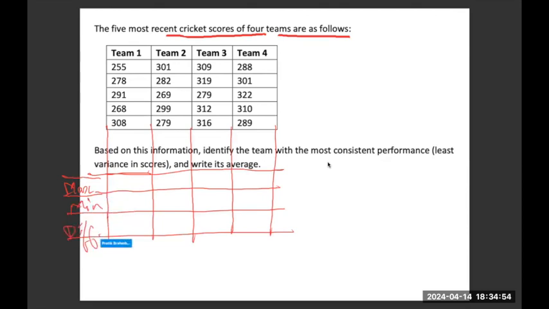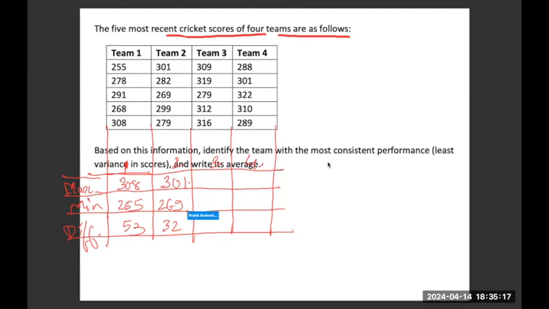So the maximum score in team 1, this is 2, 3, and 4. So maximum score in team 1 is 308 and minimum is 255. The difference between the two is 53. Maximum score in team 2 is 301, minimum is 269, difference is 32. Difference between the maximum and the minimum.